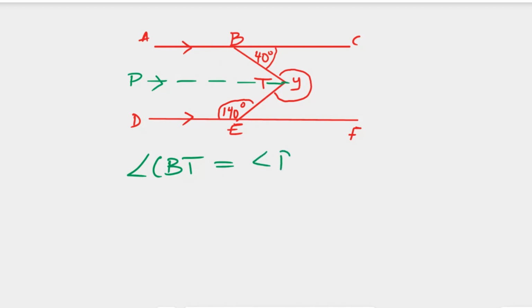Angle PTB is equal to 40 degrees, and the reason is that they are alternate angles. So this angle here is 40.